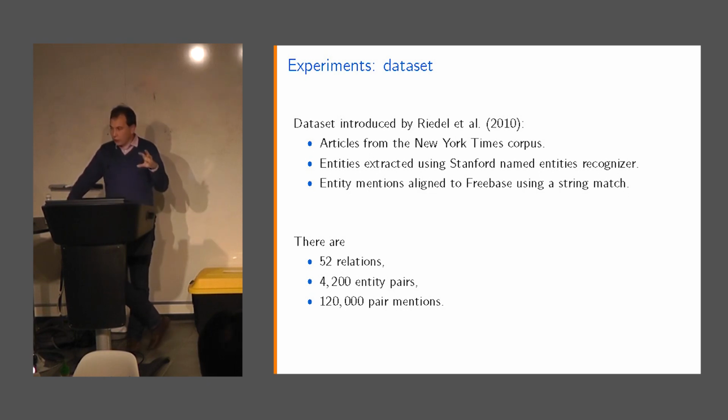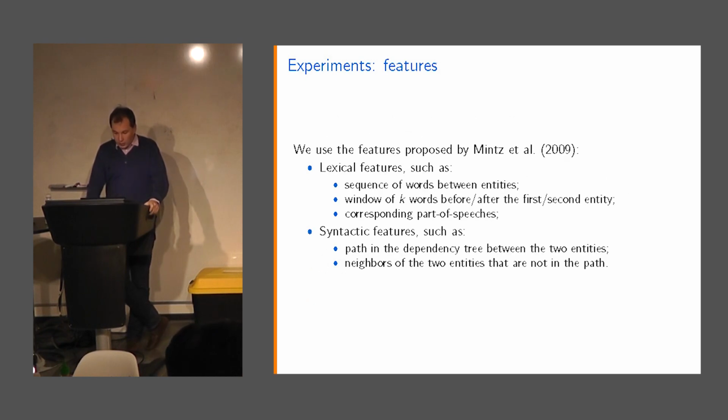So there's actually quite a lot of noise coming from there. There are 52 relations, 4,000 entity pairs, and 100,000 sentences. So n is equal to 120,000 in that case.